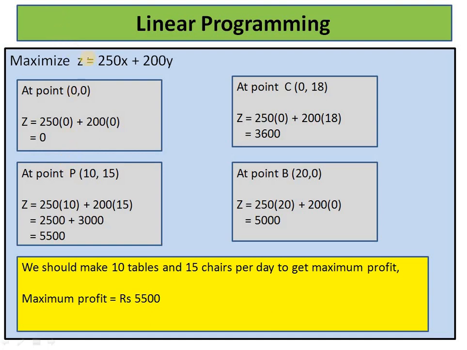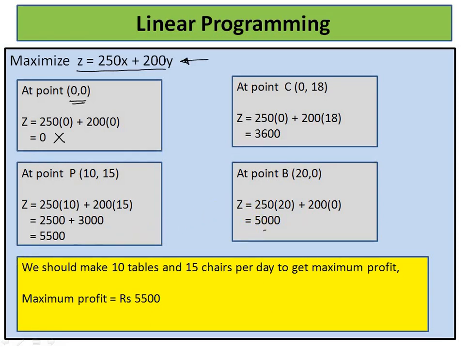So to maximize Z, at point O, X is 0 and Y is 0, so profit is 0. That is of no use to us. At point C, X is 0, Y is 18. If I put X is 0, Y is 18 into this profit equation, which we call the objective function, 250 into 0 plus 200 into 18, I get 3600.